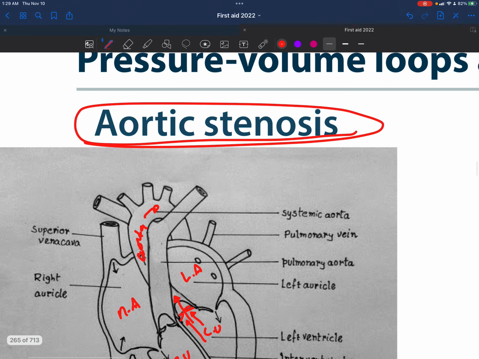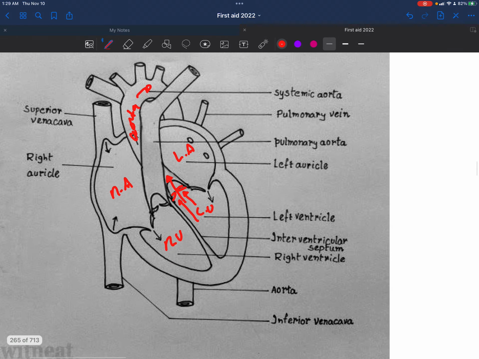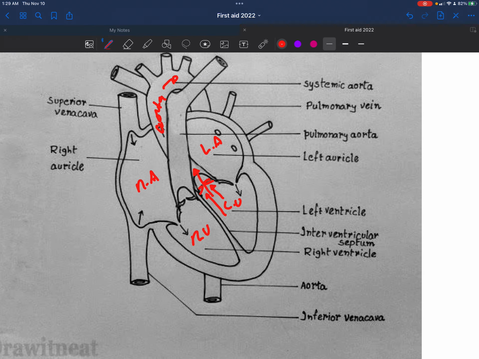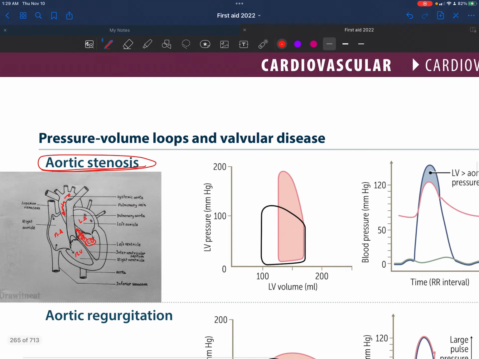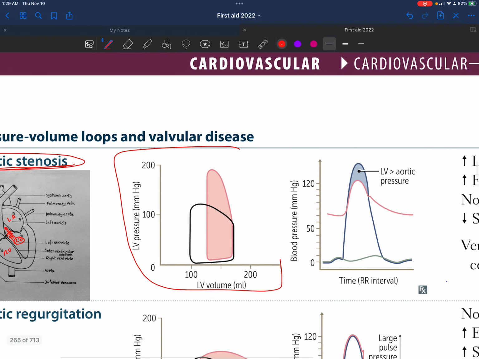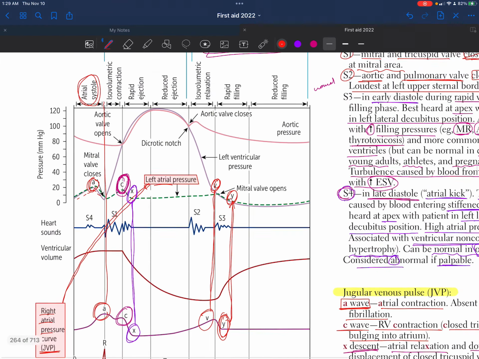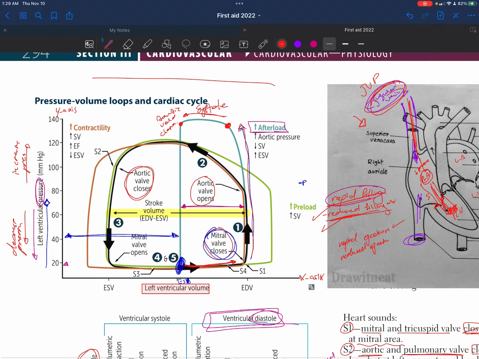But in our case, the disease is aortic stenosis, so this valve is stenosed and is not allowing the left ventricle to push freely. It's really hard for the left ventricle to push through the aortic stenosis. So we have two graphs. The first one is what we're going to compare to the first graph that we have seen and talked about.